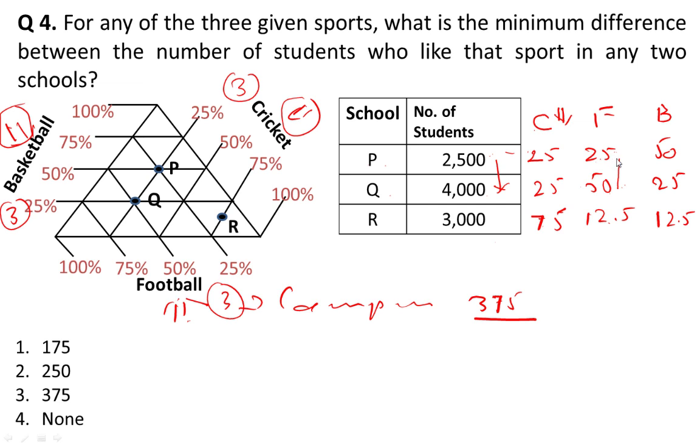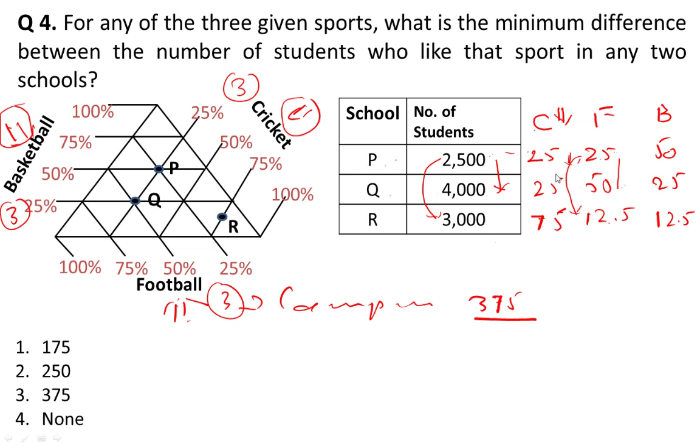So the margin will be huge. And another option I have, comparing from P to R. Here what I observe is the base of R comparing to P is greater, whereas in terms of percentage, the percentage is smaller. So in case of football, I can see this will be the least difference, the difference between P and R.